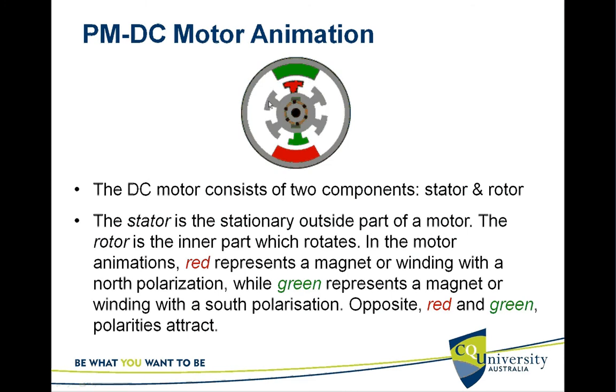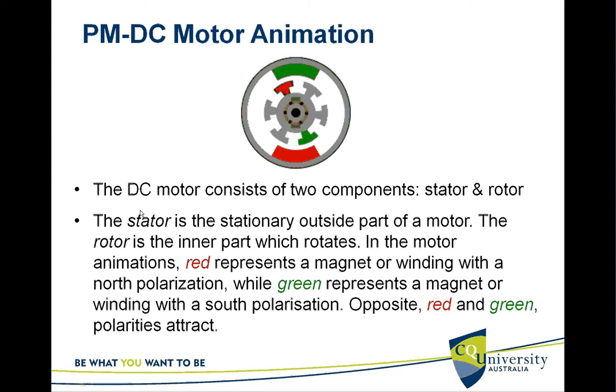So when a pole moves closer to the top of the stator pole, it is magnetized in opposite polarity. Let's say if this is a north pole, this is polarized south, so that it attracts, and so on.